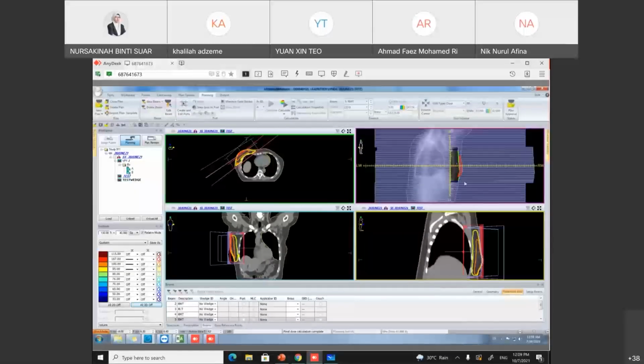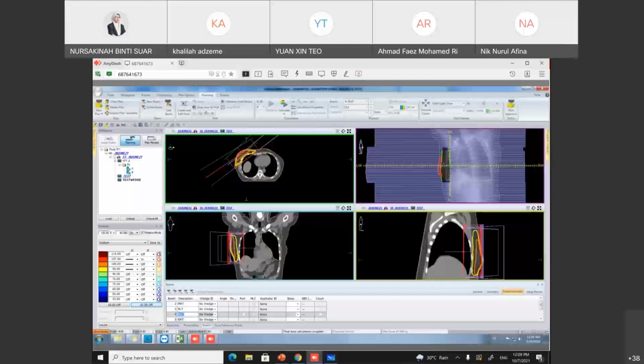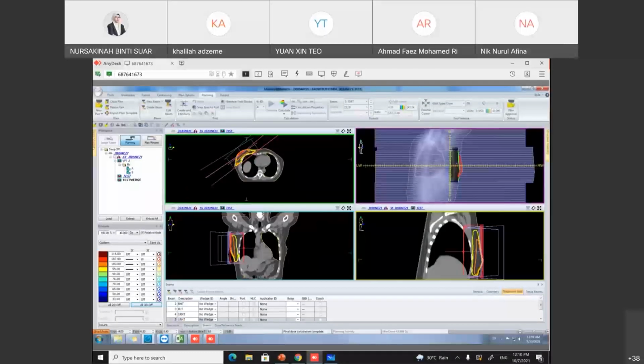So you can see here the other beam has also shielded off the hotspot. Now you can rename it as whatever you want. For our center, we name it like this so everyone understands what it is.